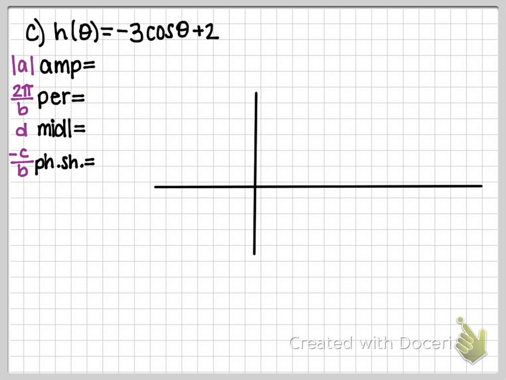So now you might be noticing there's a negative in front of this guy. Oh no. Don't worry. That just means that we're going to have a reflection. Now, something you need to know is that the functions get reflected and then shifted up and down.